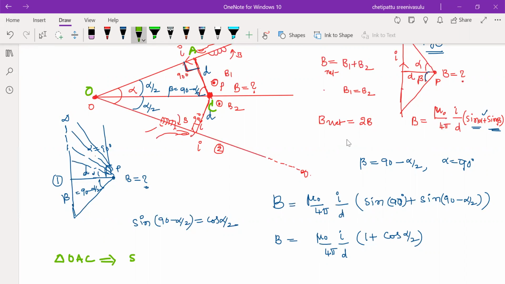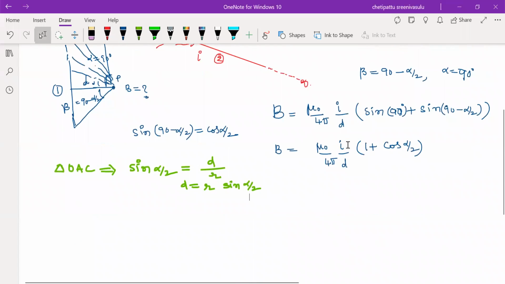Sin alpha by 2 equals the opposite side, that is D, upon the hypotenuse. You assume the distance from O to P as R. Now you write R and find the D value: D equals R sin alpha by 2.